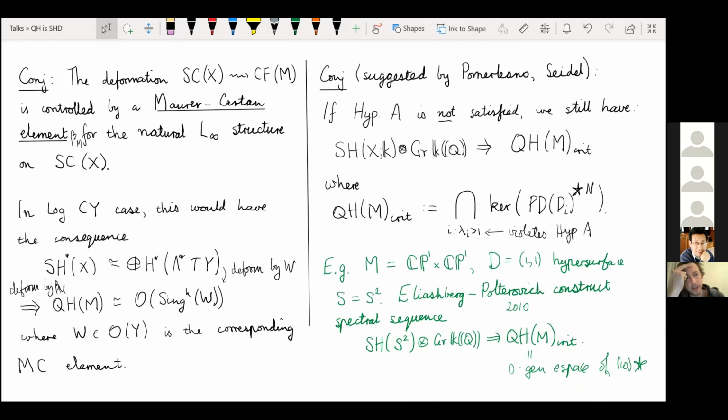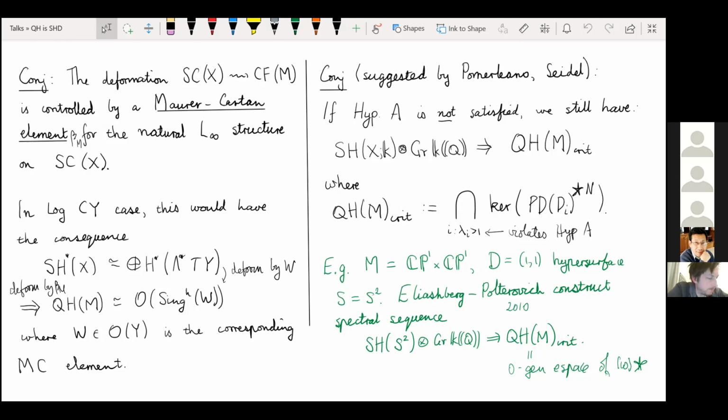So the first conjecture is that the deformation which we've described is in fact controlled by a Maurer-Cartan element for the natural L-infinity structure on the symplectic cochain complex of X. And this is the result which Borman and I announced originally, and it's clearly more precise and stronger than what we've ended up proving.